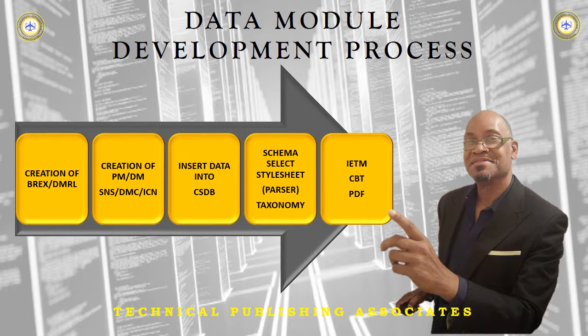Once your CSDB has been populated with your data modules, your schema or style sheet is selected to output content to support your document's instance of either items, training modules, data modules, or electronic PDFs.